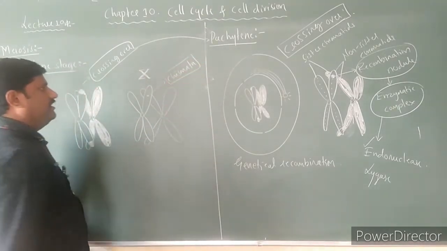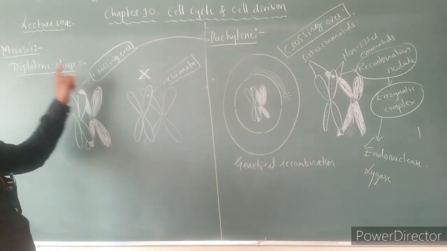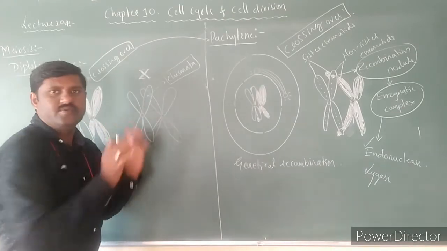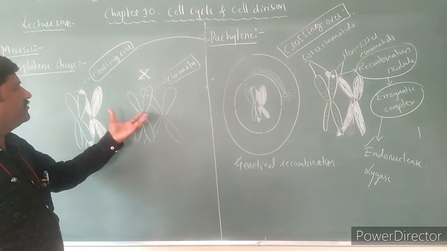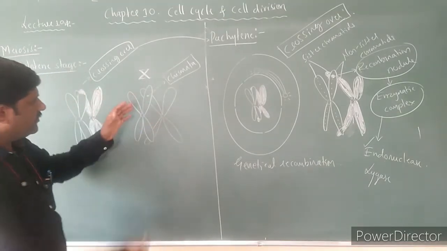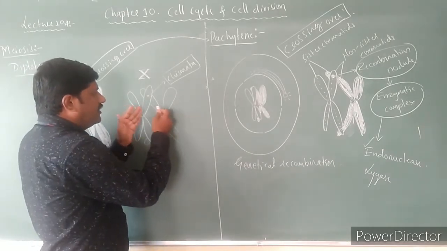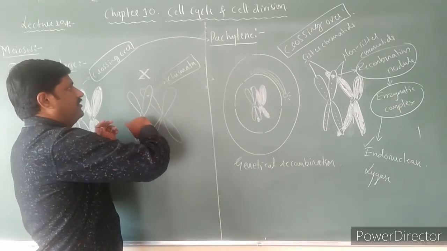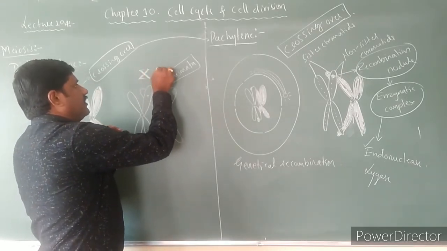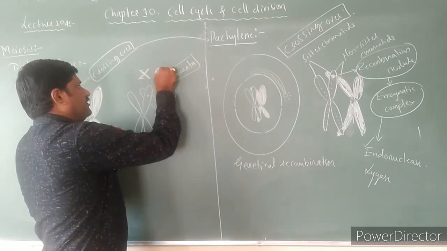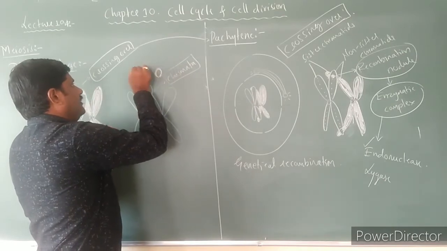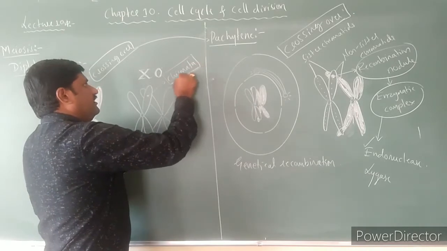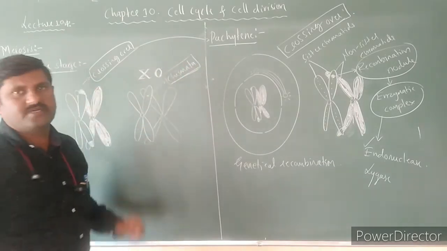The chiasmata is seen in the diplotene stage whenever both the chromosomes move apart. Sometimes if they move apart a little wider, it looks like an O shape. So it may be X shape or it may be O shape. This X-shaped structure is easily seen and it is called chiasmata.